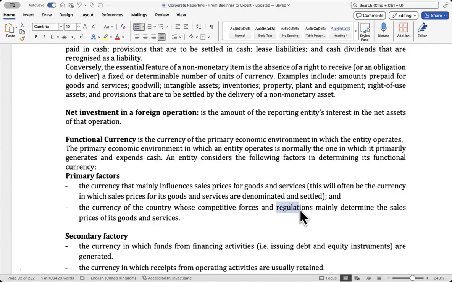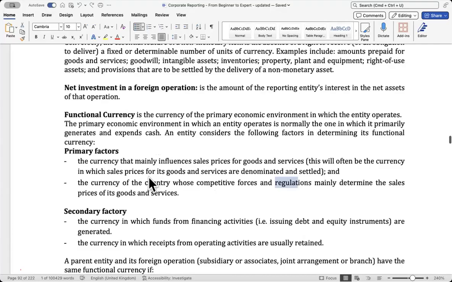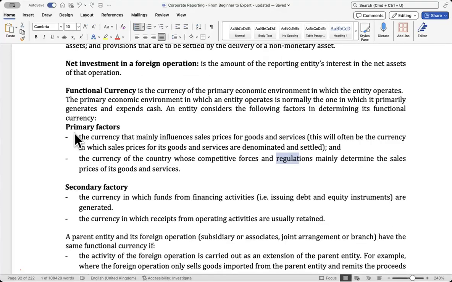However, there could also be secondary factors. If the primary factors are not apparent, if they do not solve our problem, which we expect they should, we could look at other factors, like the currency in which funds from financing activities are generated. So if you have to raise capital, whether using debt or equity, the currency in which you receive that money.